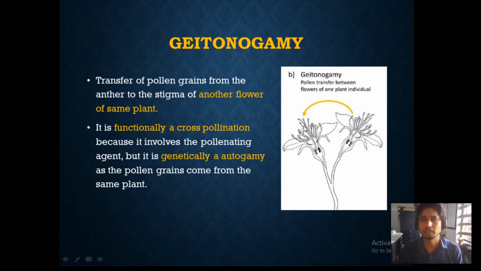It can be water, air, any insect, or any other pollinating agent. But genetically it is autogamy, that is self-pollination, as the pollen grains come from the same plant. So this is Geitonogamy.